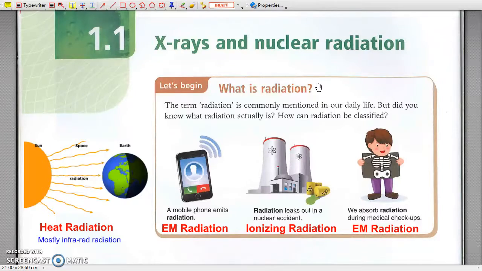Ionizing radiation, which refers to dangerous radiations, including high-energy EM waves and nuclear radiations such as alpha, beta, and gamma radiations, and many others which are very energetic and may cause ionization of any molecules, including our DNA, which may result in health issues or genetic problems.